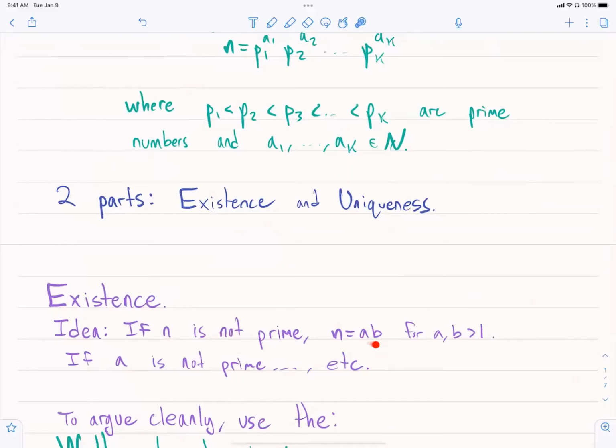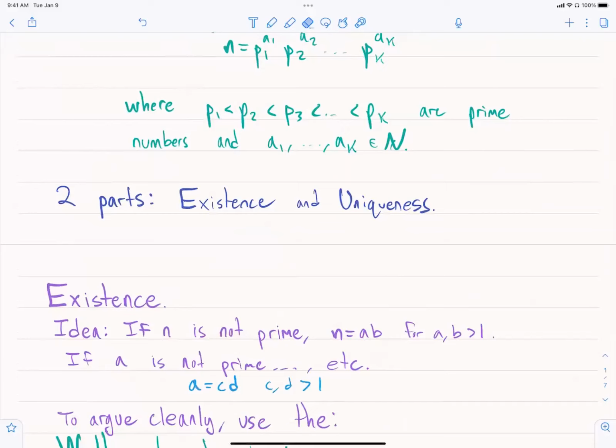These a and b may not be prime themselves, but if a is not prime, you just repeat. So you say, if a is not prime, then a is equal to c times d for c, d greater than 1, and so on. And you do the same thing for b if b is not prime.